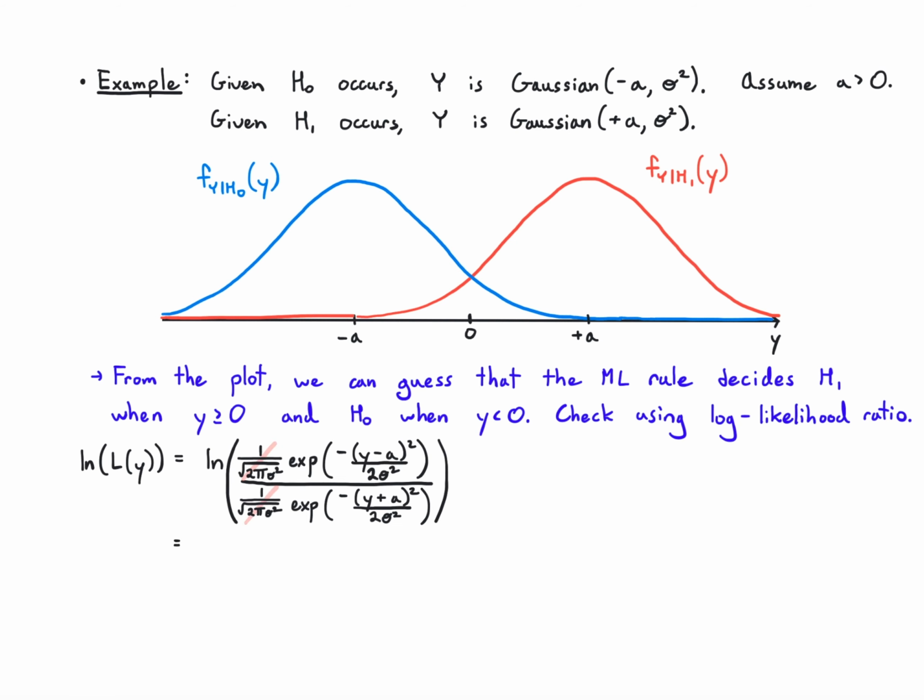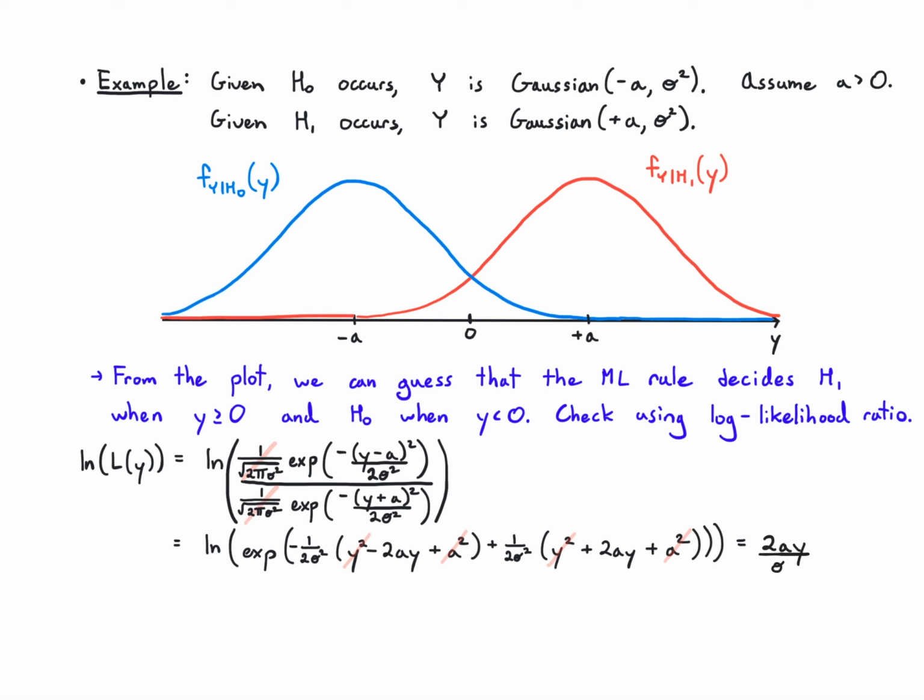The constants get crossed out, and I have log of e to the minus 1 over 2 sigma squared times y squared minus 2ay plus a squared, plus 1 over 2 sigma squared times y squared plus 2ay plus a squared. So I can cross out the y squareds, cross out the a squareds, and I'm left with 2ay over sigma squared. That's the log likelihood ratio.